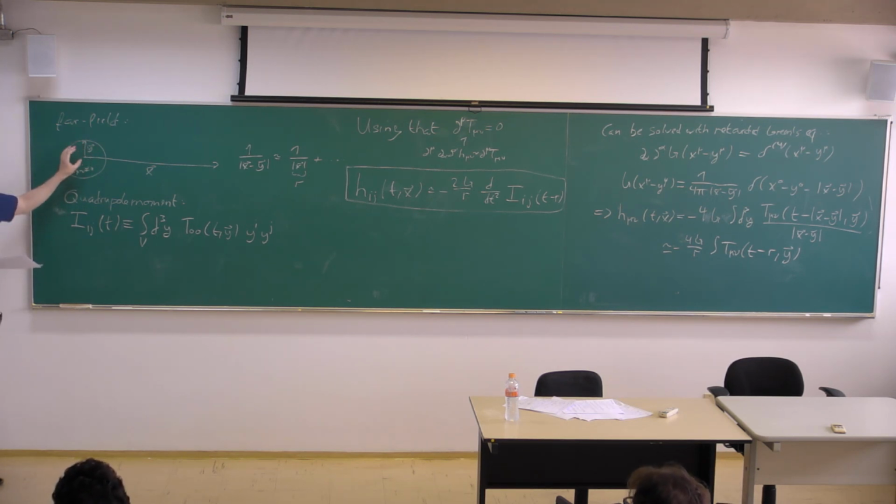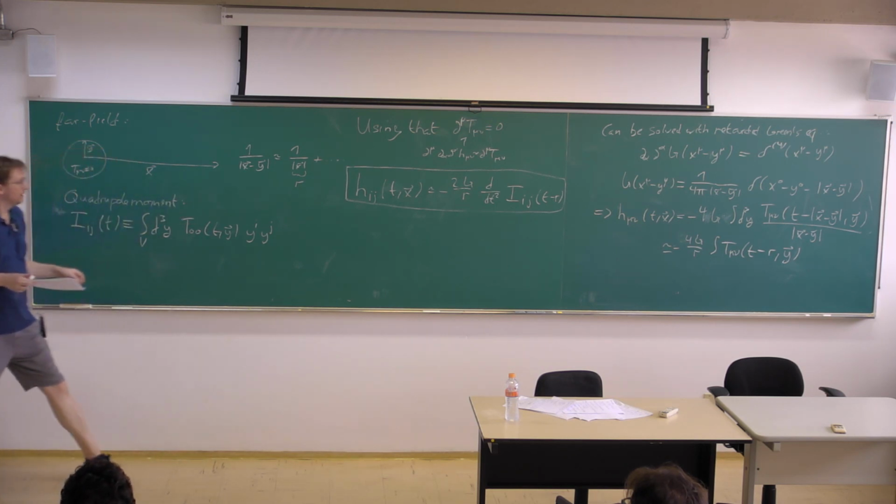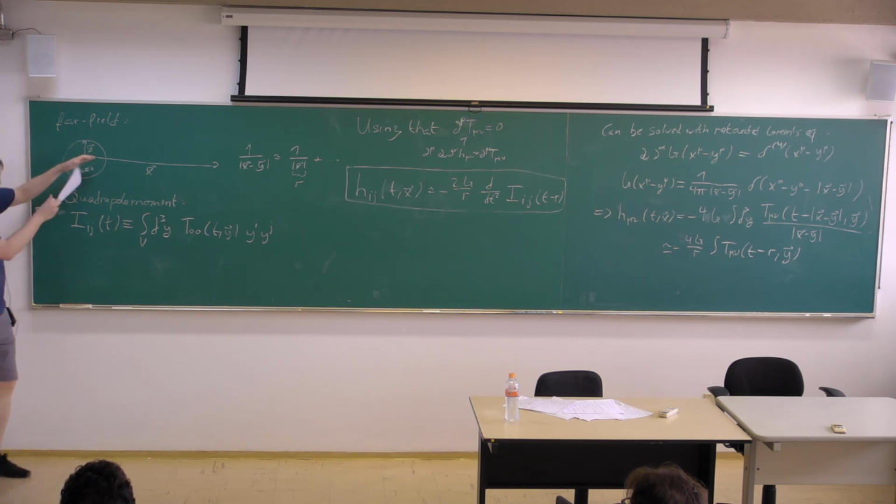It could be colliding neutron stars, or as we will use in a few moments, colliding bubbles, for example. So stuff happens here with a time-dependent quadrupole moment, which sources gravitational waves, and the gravitational waves leave this region, and they take some energy with them.